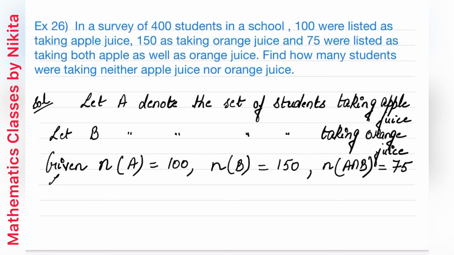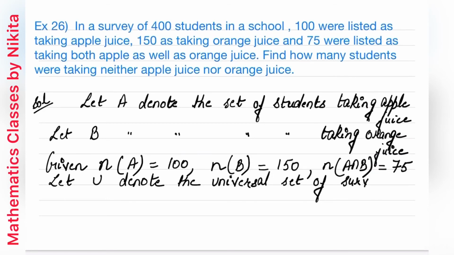So let U denote the universal set of surveyed students. Okay, the students who were surveyed.